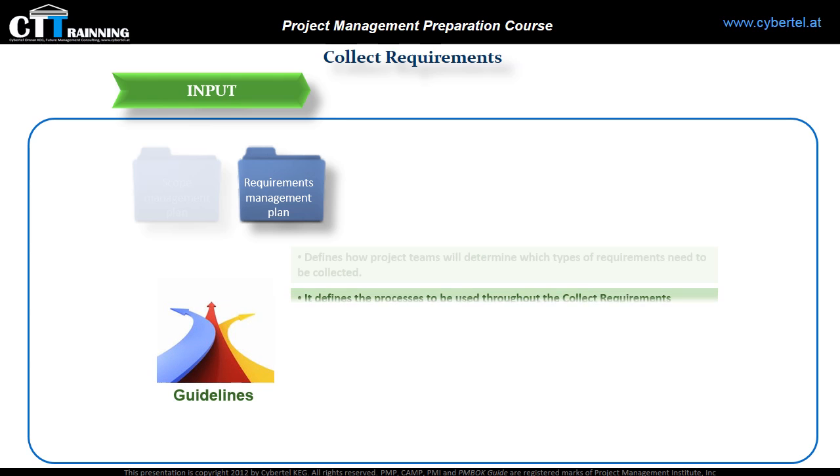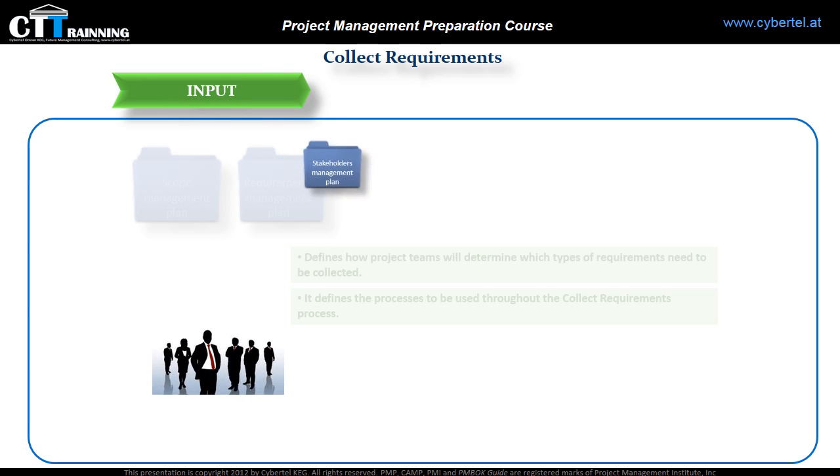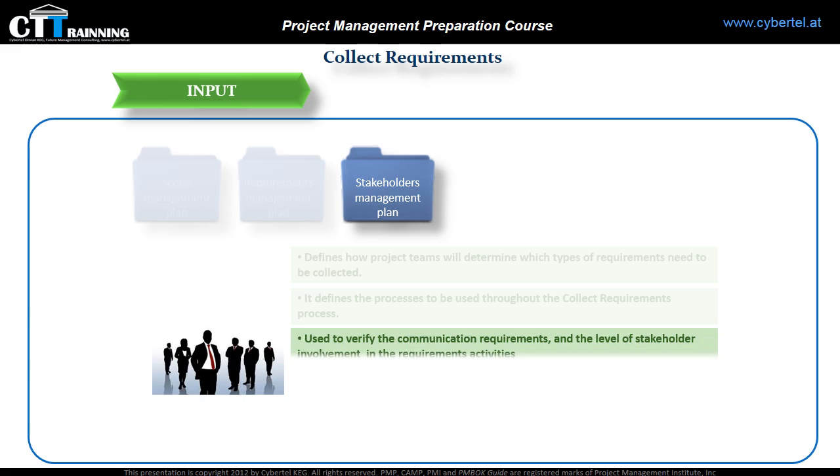It defines the processes to be used throughout the collect requirements process. The Stakeholder Management Plan. The Stakeholder Management Plan is used to verify the communication requirements and the level of stakeholder involvement in the project and in the requirements activity.